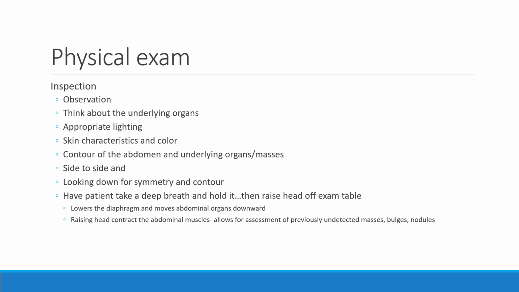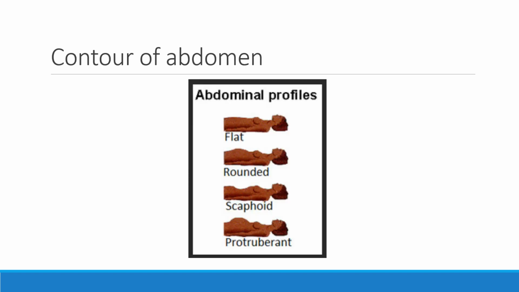The contour should remain smooth and symmetric. Raising the head contracts the abdominal muscles, allowing for assessment of previously undetected masses, bulges, or nodules. These are the 4 photos showing what is considered flat, rounded, scaphoid, or protuberant when we are talking about the contour of the abdomen.